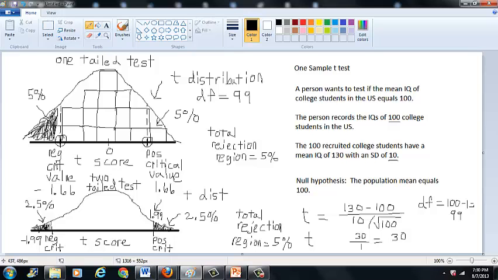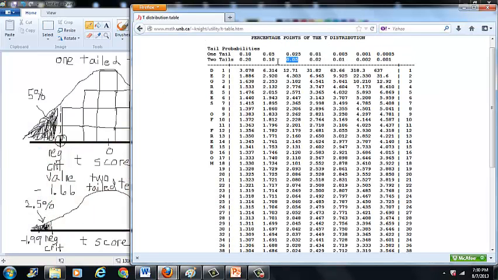So one tail above 1.99 is only 2.5%, but two tails added together at the left end and right end adds up to 5%. That's why it says two tails is 0.05, meaning the sum of the two tails at both ends comes out to 0.05.